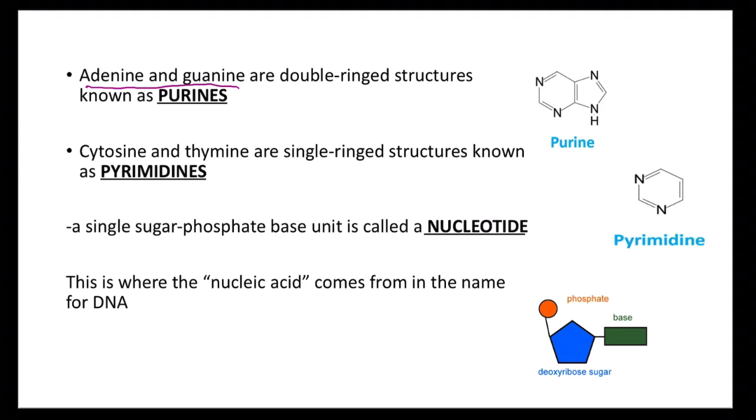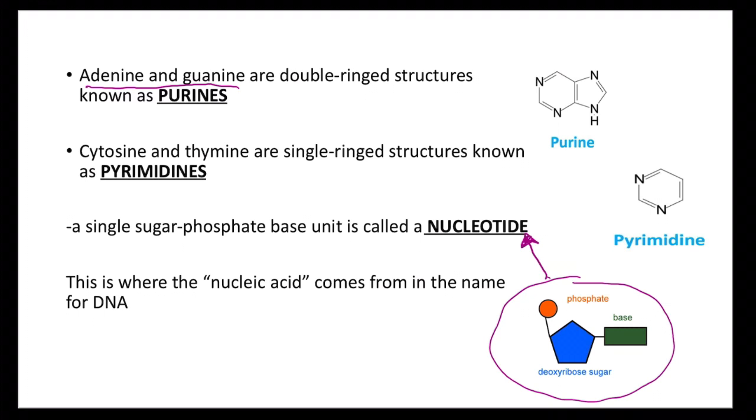So the single sugar phosphate base unit is called a nucleotide. This entire structure, phosphate, deoxyribose sugar, or the type of sugar, and the base, make up the nucleotide. So the nucleotide must contain all of that.